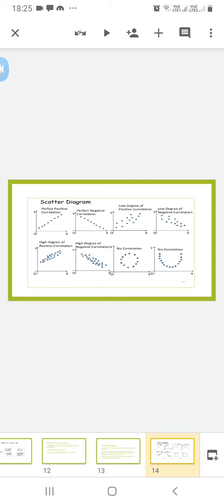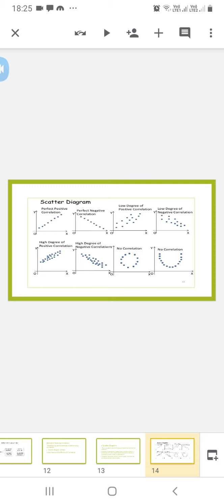If there is an upward trend rising from the lower left hand corner and going upward to the upper right hand corner, the correlation is positive, since this reveals that the values of the two variables move in the same direction.